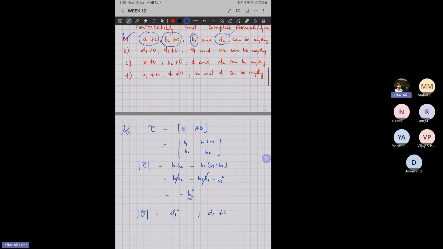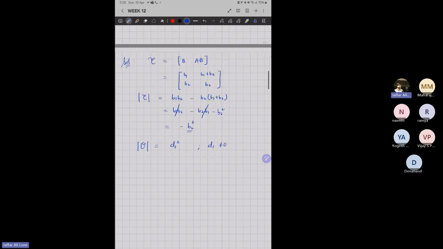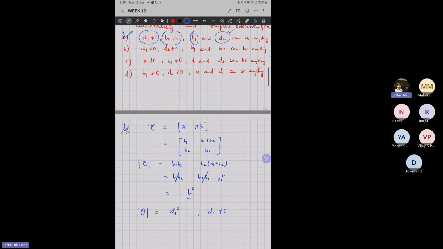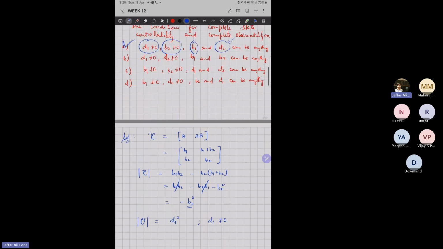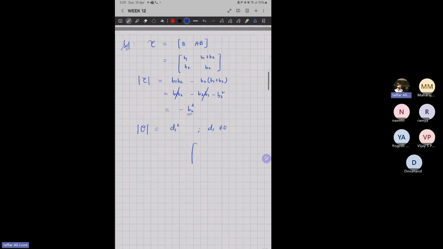Did you understand? You can get many questions based on this, similar types of questions where you get some A matrix like this: 0, A1, 0, 0, 0, A2, 0, 0, 0, and B matrix is B1, B2, B3.